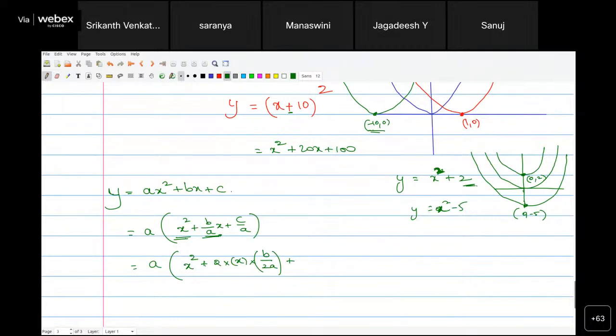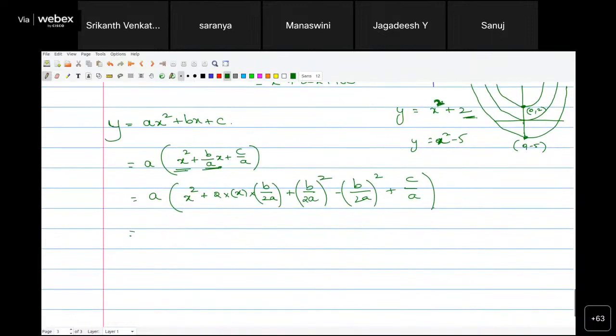So I have a square plus 2ab, so I have to add b by 2a whole square, and I subtract b by 2a whole square. And the last term is c by a. Okay, you will get to know why we are doing this.